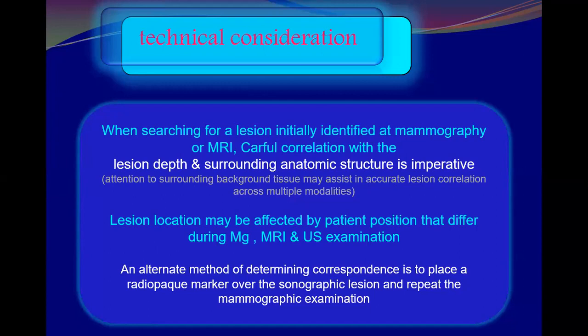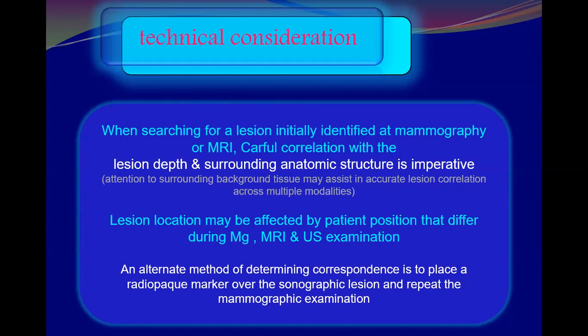The patient on mammography will be standing, upright. On ultrasound will be supine or oblique, lateral oblique, or lateral positions. On MRI will be in a prone position, and the breast is pendulous, is mobile. So it is expected for the lesion to move some hours, or some distance, from one modality to another.